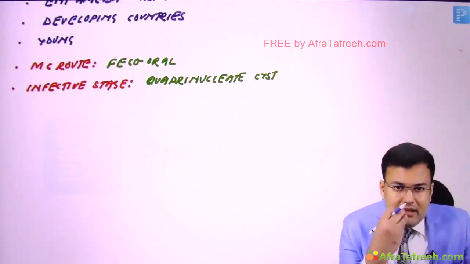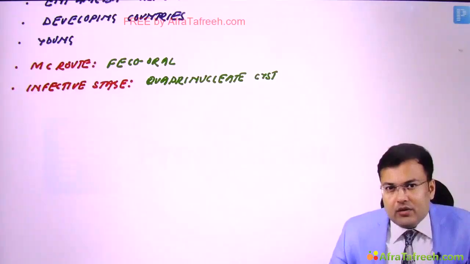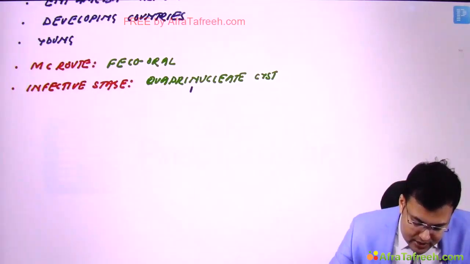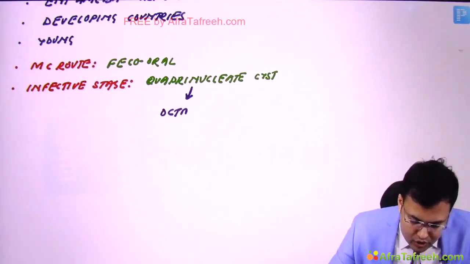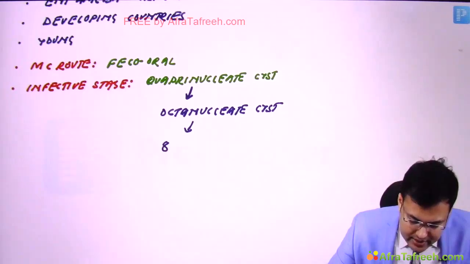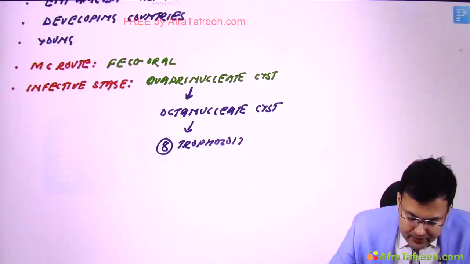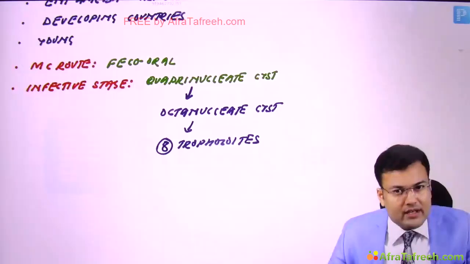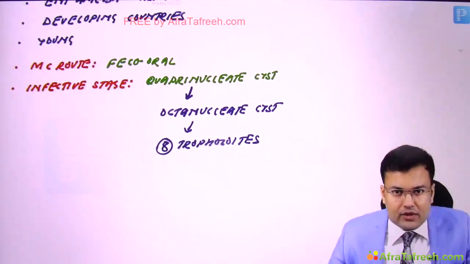Whenever there is accidental ingestion because of this fecal-oral route of transmission, the patient ingests this quadrinucleate cyst. It undergoes further division and converts into an octanucleate cyst, right? Because of this octanucleate cyst, 8 trophozoites are released. Clear? These 8 trophozoites are going to cause ulcers in the cecum and ascending colon.